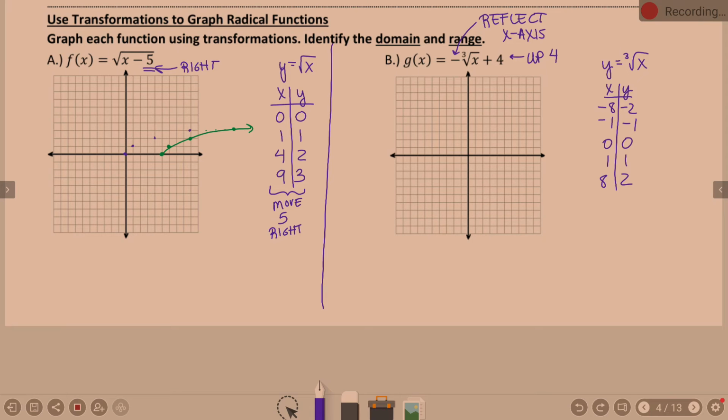Then we're going to take those values and reflect them first, across the x-axis. After reflecting across the x-axis, we will take those points and move them, what did I say? Up 4.